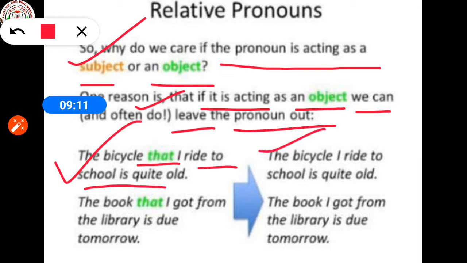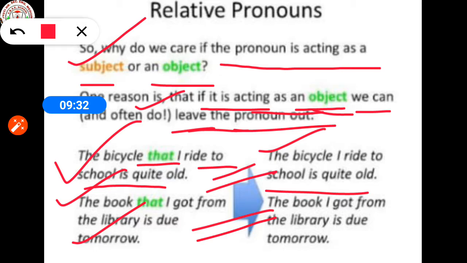You just see the difference between these sentences. The book that I got from the library is due tomorrow. So this is the reason that if it is acting as an object, we can leave the pronoun out. You can see the difference between these two types of sentences.